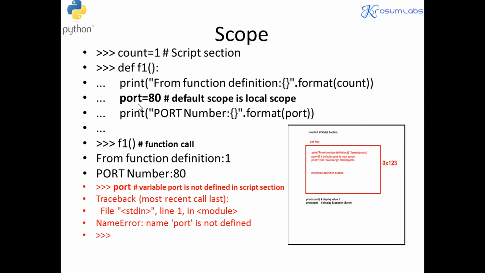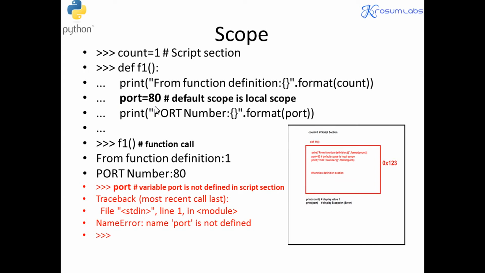Like this, inside the function I declare and initialize a variable. This declaration and initialization comes inside the function. So the lifetime of this variable is accessible only within this function. The default scope is local scope, so the variable lifetime is accessible only within this function block.